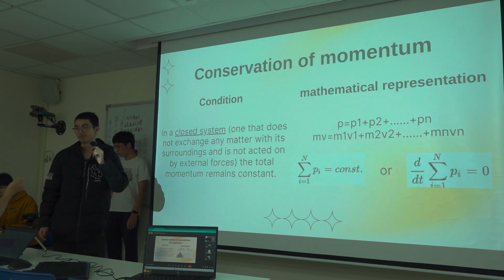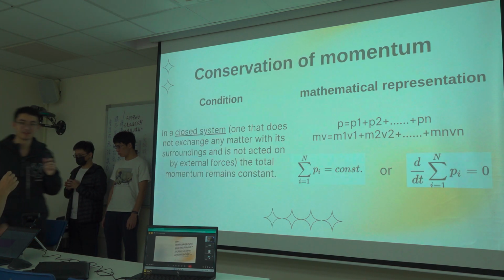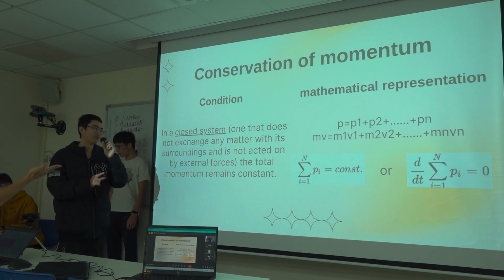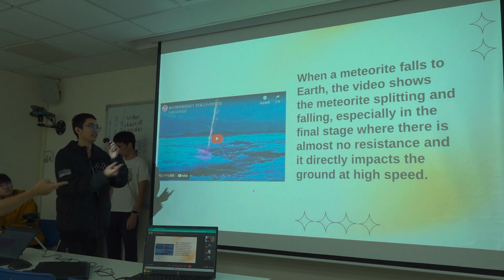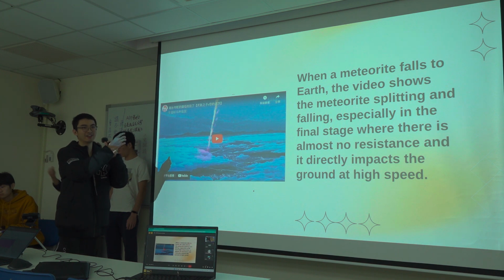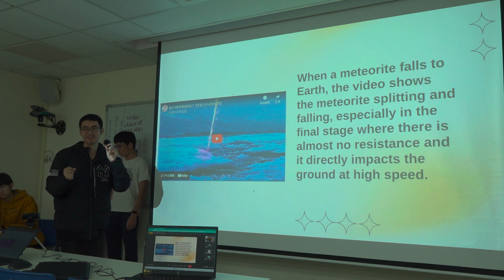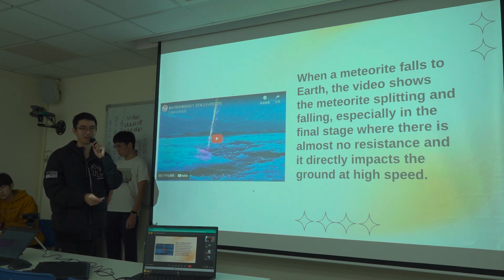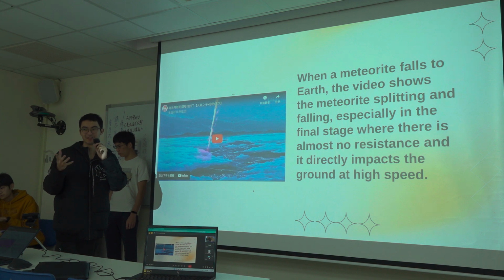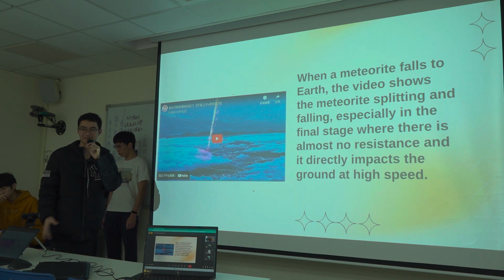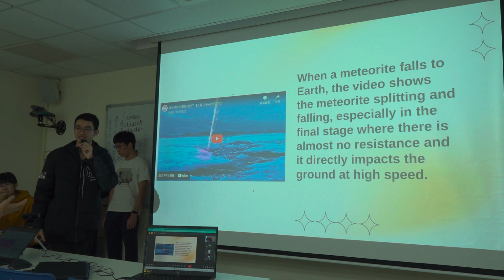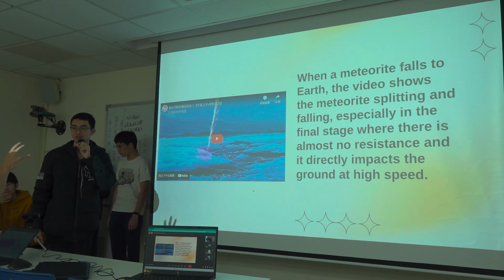It has the friction, so its velocity is smaller, and before it falls, it will collapse into fragments. It depends on the mass, right? If the mass is big, it can be one piece to hit the ground, right? So I don't see the problem.